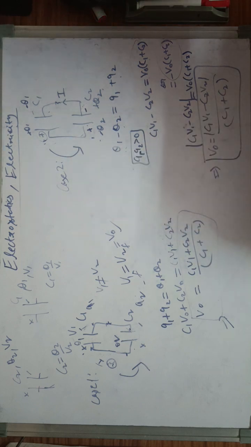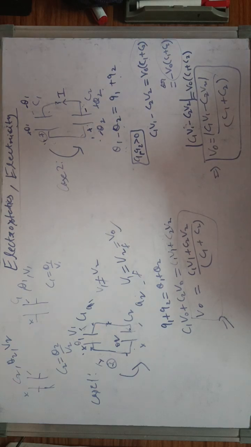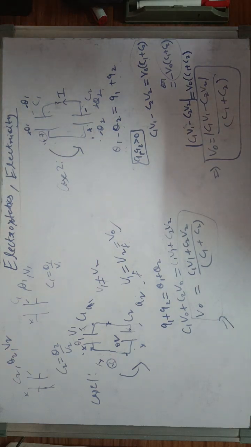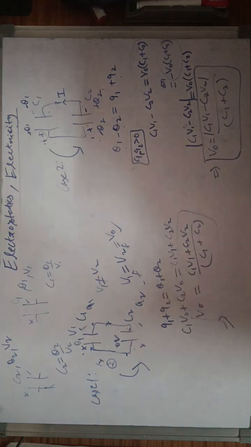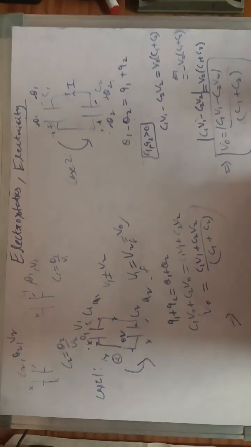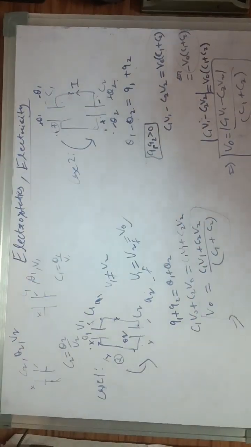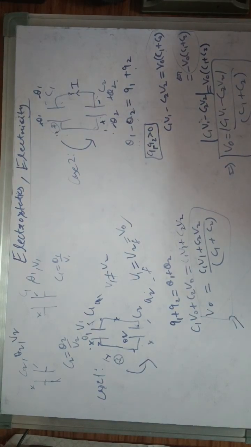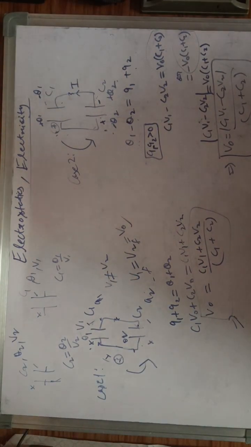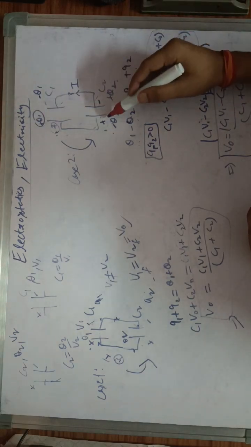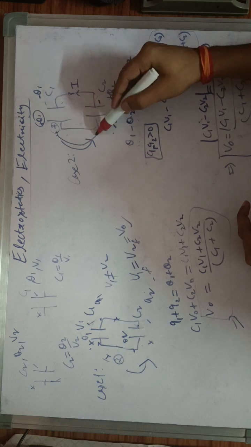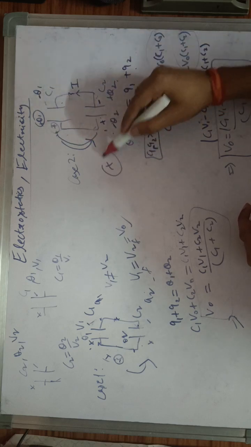How will I assume the sign? To know the direction of this potential difference in the final case, we can simply use our logic. Let's say this Q1 is greater than this Q2, then the net charge on this side would be positive.